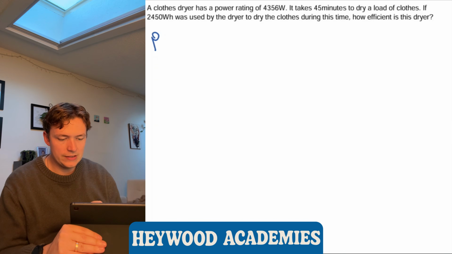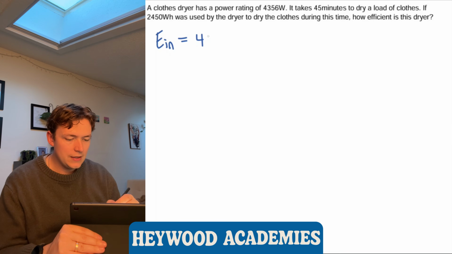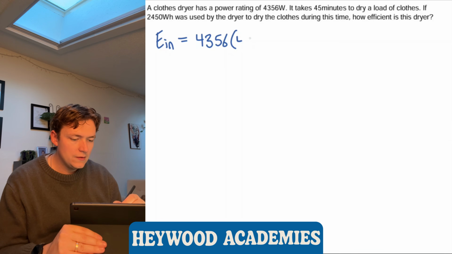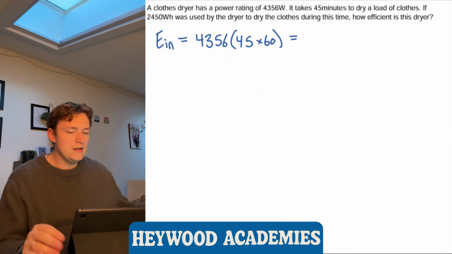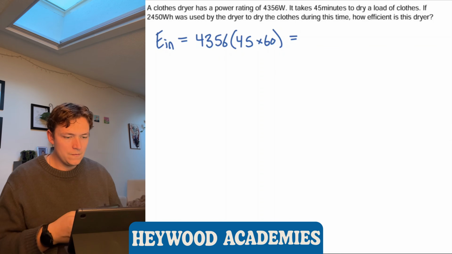So let's actually go and calculate the energy that went into this thing as the power times the time. So we've got that many watts, we've got 45 minutes, and then we need to multiply that by 60 again to convert that over to seconds. So that's going to give us a number for the energy in.